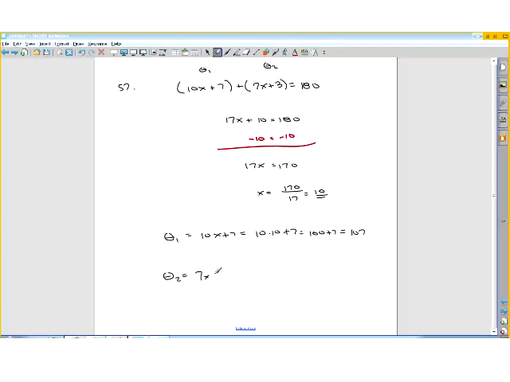And the angle of theta 2 is 7x plus 3, so we have 7 times 10 plus 3, so we get 70 plus 3, which is 73. If we add those together, we should get 180 to confirm that we did it correctly, which it is. So those are the two angles, 107 and 73 degrees.